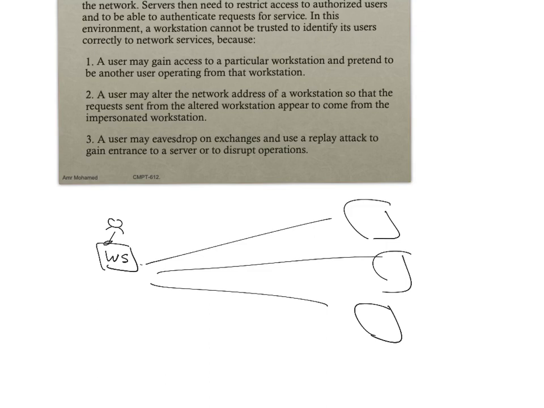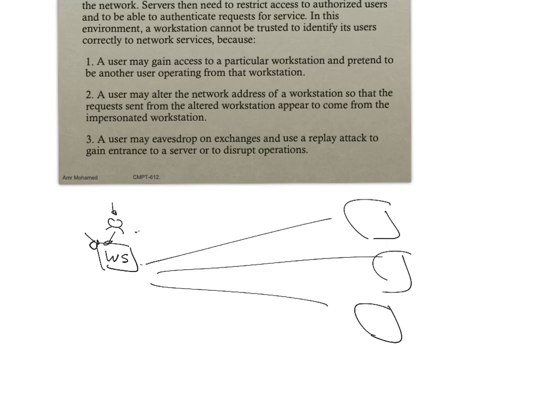Okay. In a highly distributed system like this, we need to use symmetric encryption to, on one hand, guarantee the authentication or identity of that user on this workstation. And then based on that, we use this information to ensure that the person, if authorized, can access the different servers.